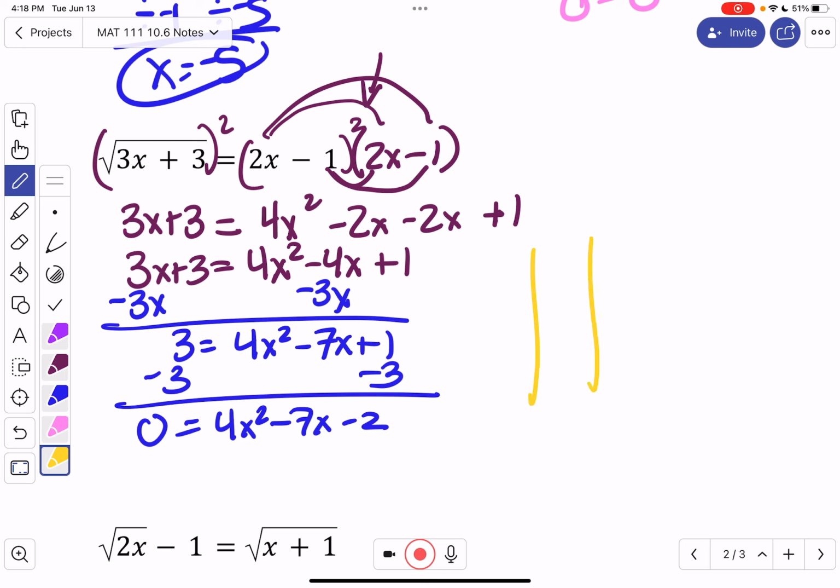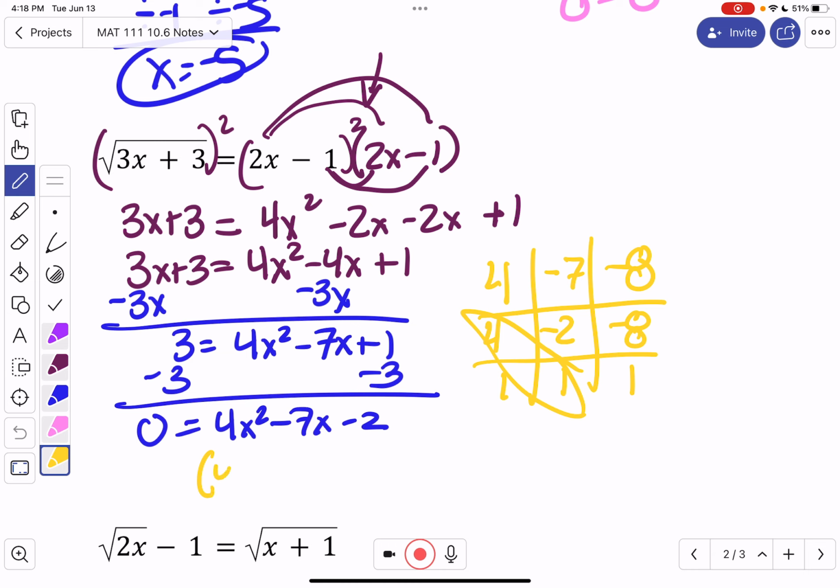We have our A, our B, and our A times C. So our factors are negative 8 and 1. Greatest common factor, multiply up, multiply across. Now we have 4x plus 1, and we have x minus 2.